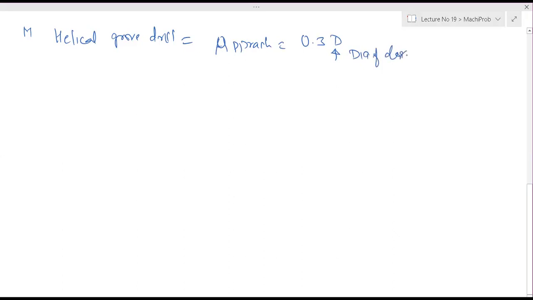So it is a different drill, different diameter. This approach mainly depends upon the diameter.